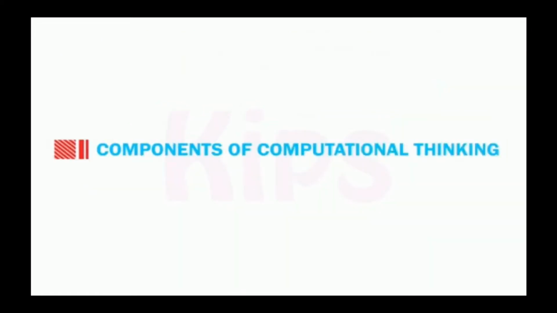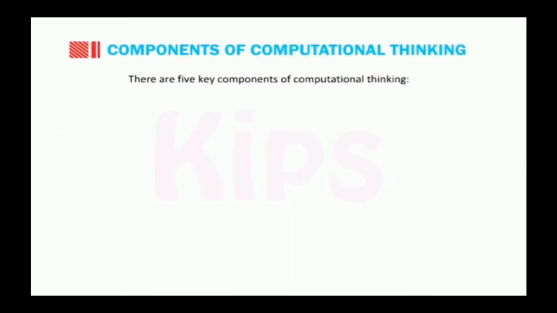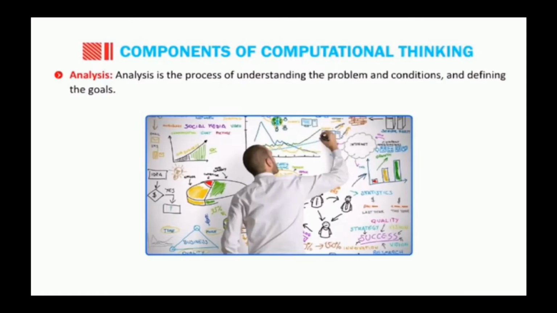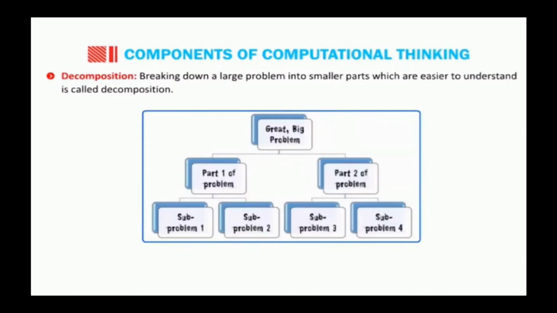Now, components of computational thinking. There are 5 key components of computational thinking. First, analysis. Analysis is the process of understanding the problem and conditions and defining the goals. Second, decomposition. Breaking down a large problem into smaller parts which are easier to understand is called decomposition.